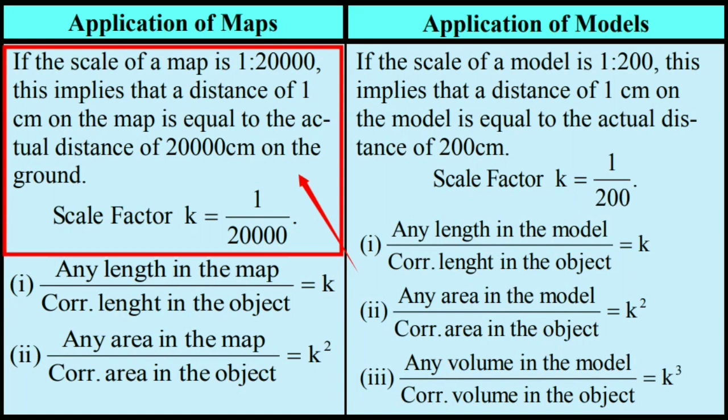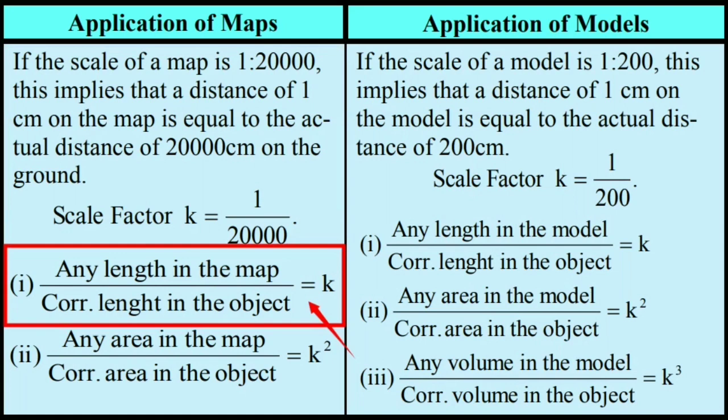It means any particular length on the ground is 20,000 times the same length shown on the map. Hence, the scale factor here is 1 divided by 20,000 and is represented with the letter K.